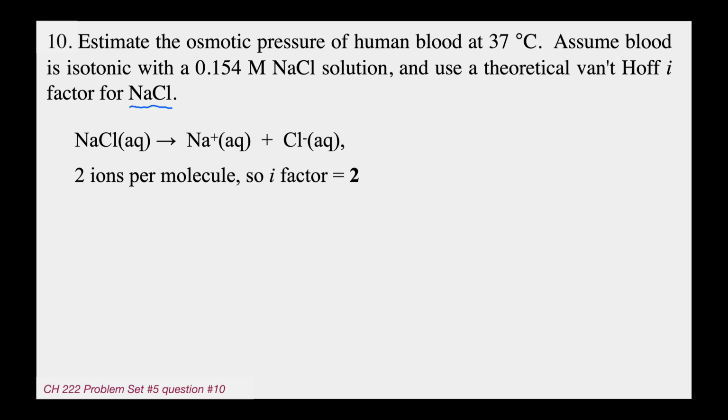All of the colligative properties are about number of pieces running around in solution, and that can include ions. So sodium chloride theoretically breaks up always into a Na plus and a Cl minus. You get 1 plus 1, 2 pieces for every 1 NaCl you put in. So when they talk about theoretical Van Hoff i factors, it's literally equal to the number of ions. So the i factor in this problem is going to be 2.